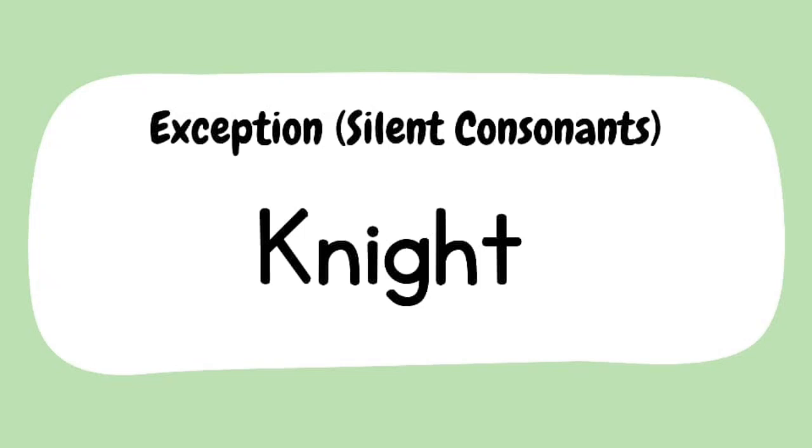For example, in the word night, K-N-I-G-H-T, there are 2 consonants following each other in it. For example, we have k and n following each other, but the k in knight is silent because whenever k comes before an n, it is the n that will be heard, the k will be silent.